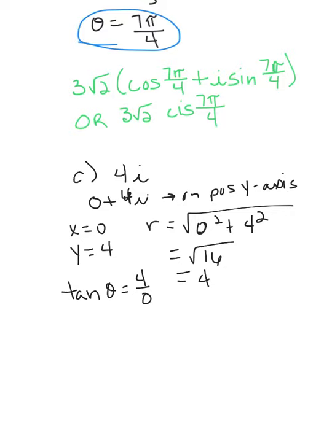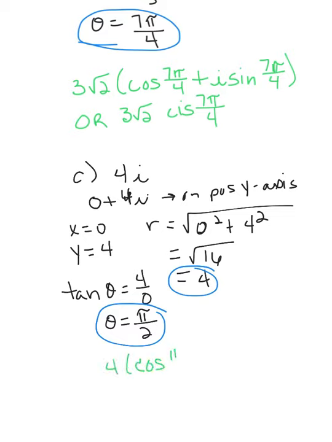If we were on the positive y-axis, that means that our theta on the positive y-axis is pi over 2. So r is 4, theta is pi over 2. So our polar version is 4 times cosine pi over 2 plus I sine of pi over 2.